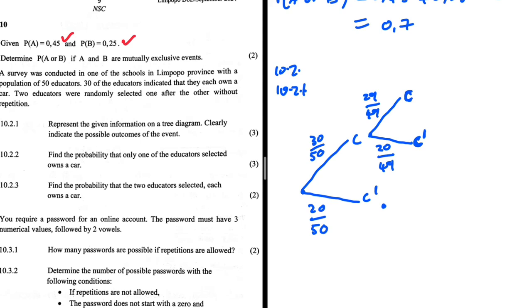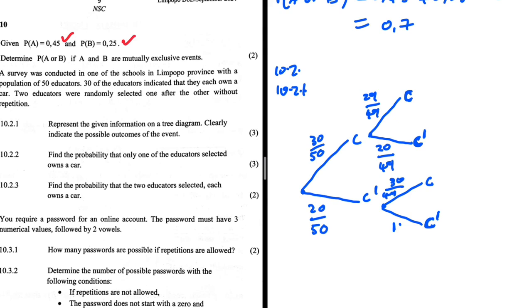Okay, and then let's take a look at the other way. The first teacher selected does not have a car. What will be the probability that the next teacher selected has a car? The teachers with cars is still 30, right? But the total is now 49. And then the other outcome, teacher with no car. The first teacher selected does not have a car, which leaves 20 teachers.